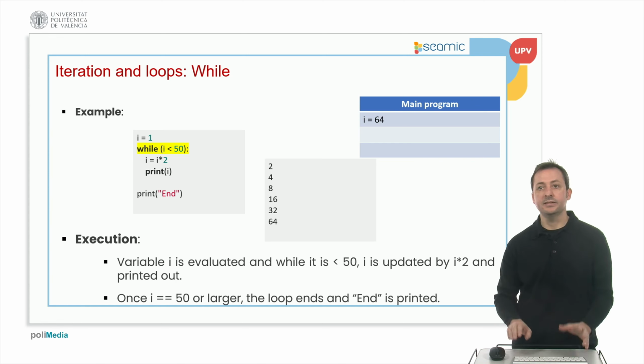So this represents the end of the loop. At this point, when the condition is not true anymore, the code goes here. This is out of the block of the while statement. So this instruction will print an end in the terminal.